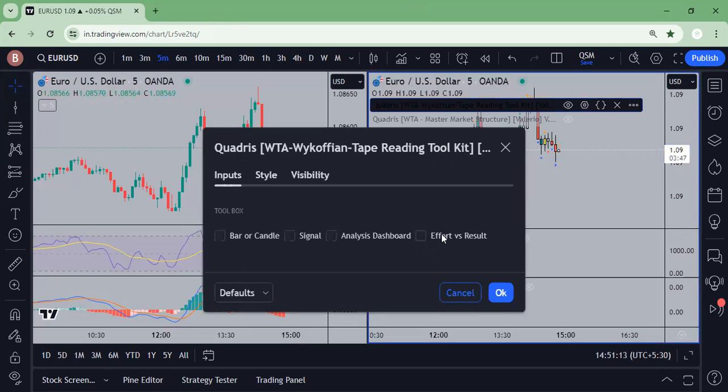This is a beta version which everyone would be getting. Once I'm done with all the observations of effort versus result, then it will officially be added into future versions. But I have added an analysis dashboard into it.